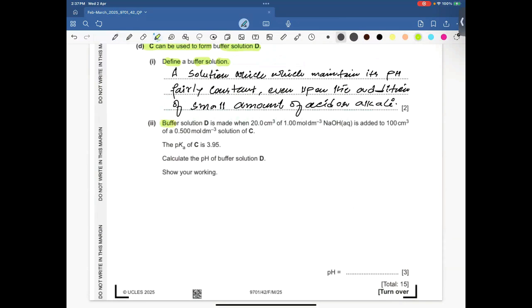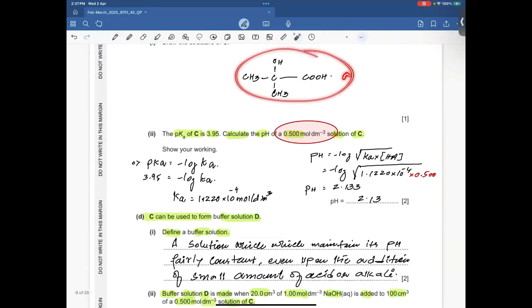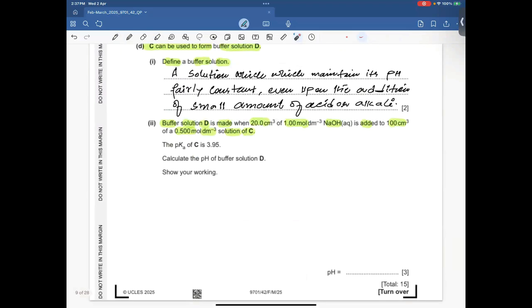Next part of the question: buffer solution D is made when 20 cm cube of 1 mole per dm cube NaOH is added to 100 cm cube of 0.5 mole per dm cube solution C. Now this is solution C, and it is reacting with NaOH, converting into salt and water. So let me write the equation.